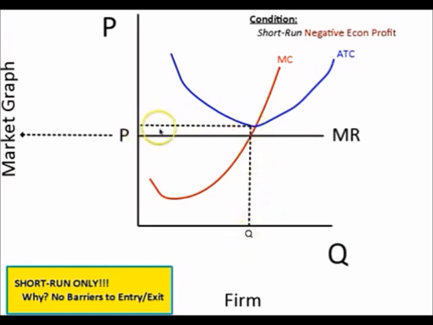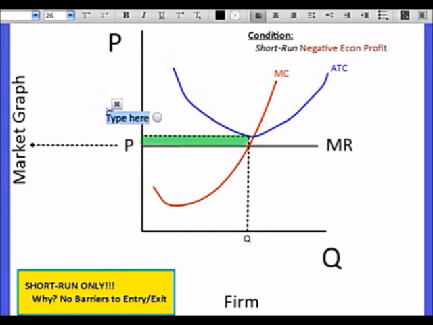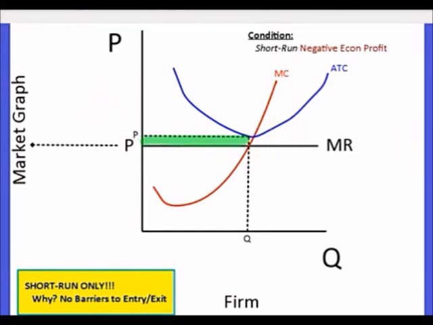Notice we've created this rectangle. Take the rectangle and shade it in. And what we notice is that this price here, the average total cost price, is actually higher than the price on the open market.